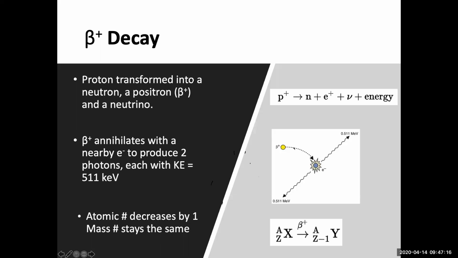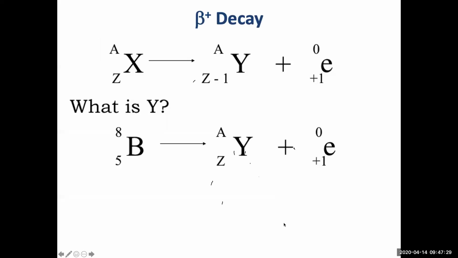Anyway, for positron decay, the atomic number decreases by 1 because one proton is transformed to a neutron, and the mass number stays the same. Again here, for boron-8, what is A and Z?